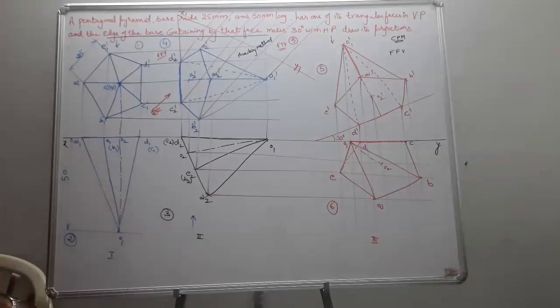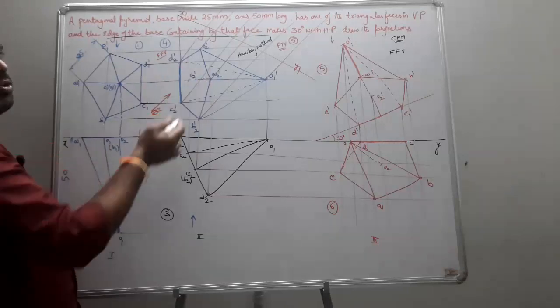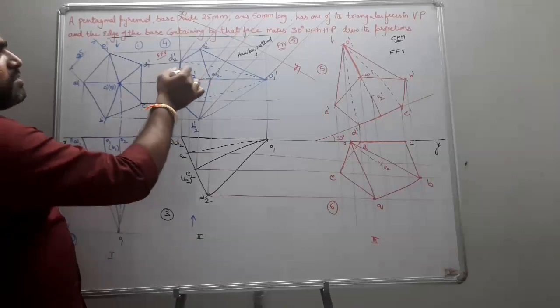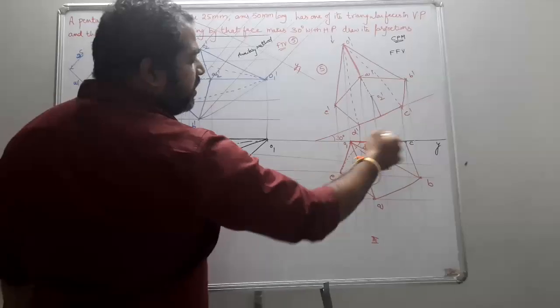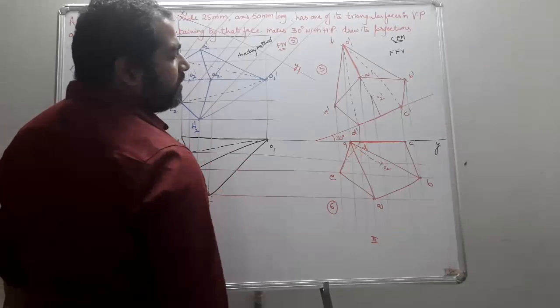Okay, students, if you want to easily understand how we can obtain this view, simply see it in this pattern, observing the method. So the fifth step is obtained with the observer position in this manner. So the base is completely visible, and for that only my base is completely visible as a solid line.